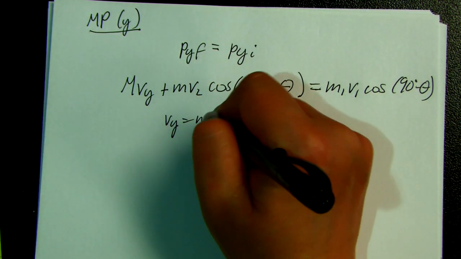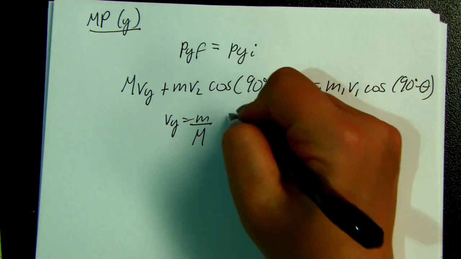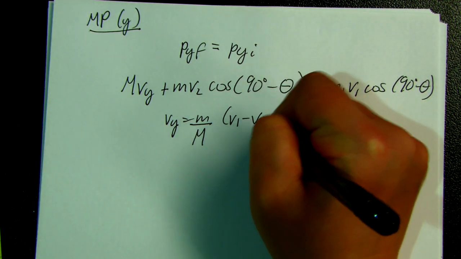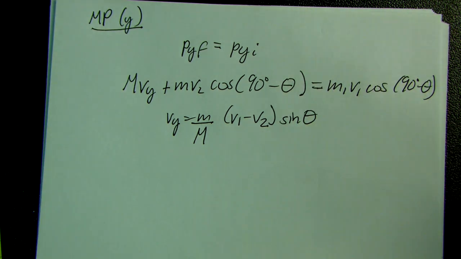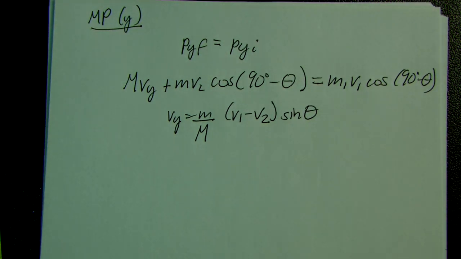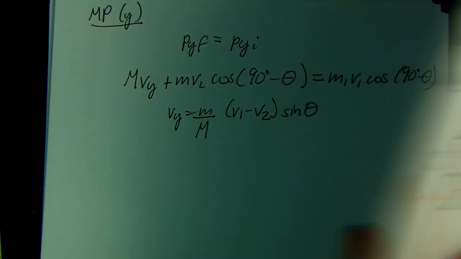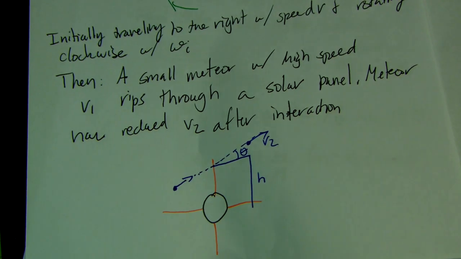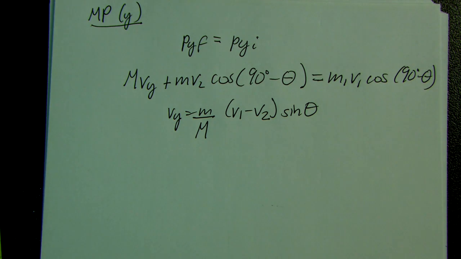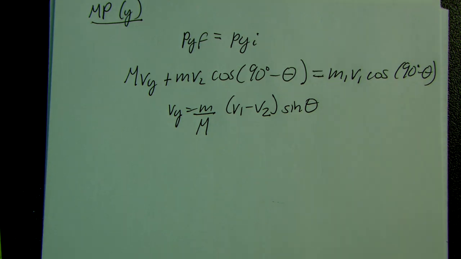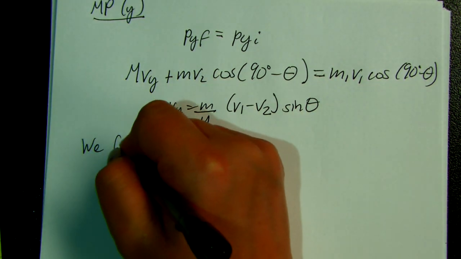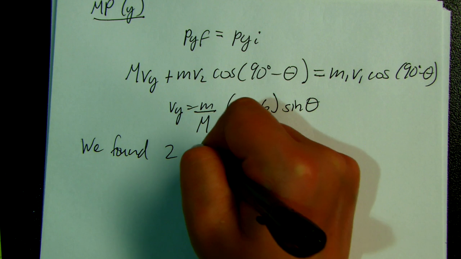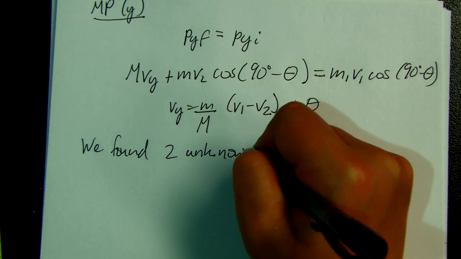Vy is equal to m over big M, v1 minus v2 sine of theta. And this is all relating to this image here. Okay, so we found two things we're after. We've got the y component of velocity, we have the x component. So we found two unknowns. I didn't give you any numbers, so I'm just looking for expressions.